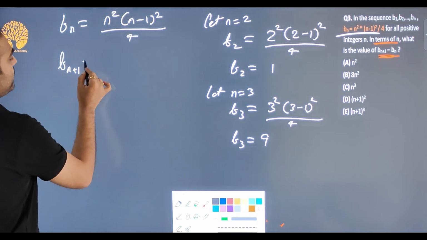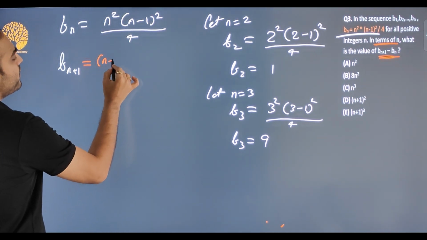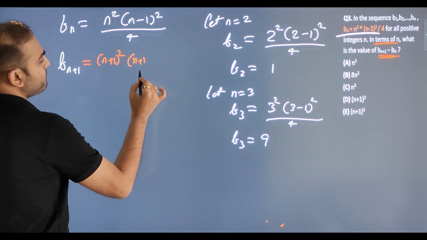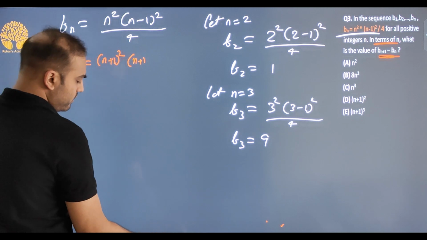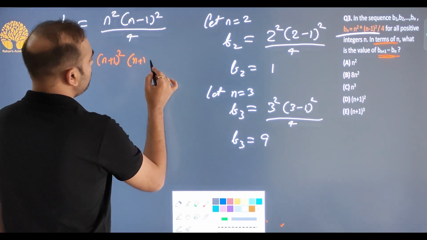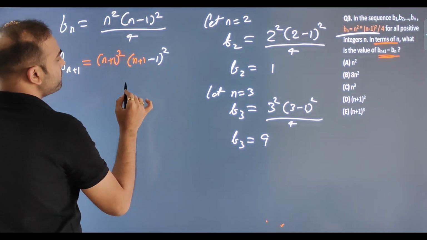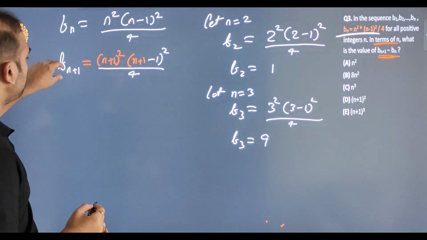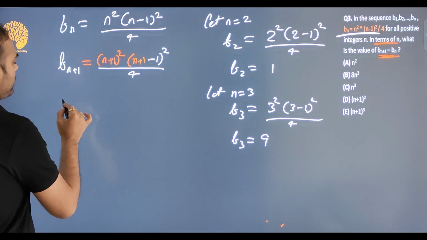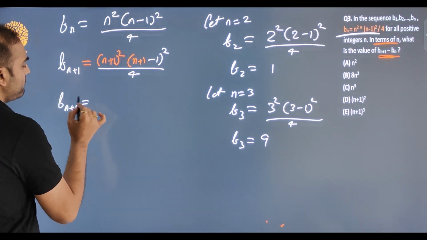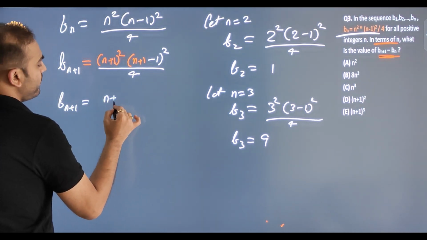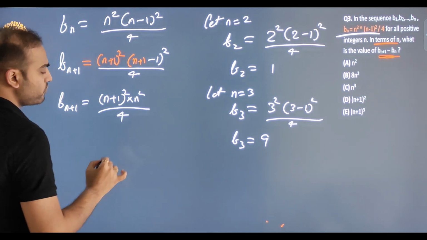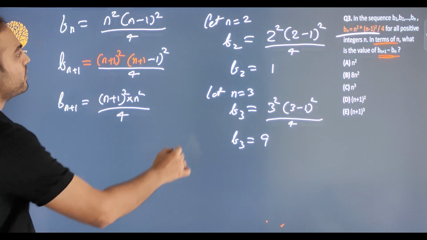In place of n, I will put n plus 1 everywhere, right? I have replaced this n by n plus 1, so bn plus 1 becomes n plus 1 whole square into n square by 4, okay?